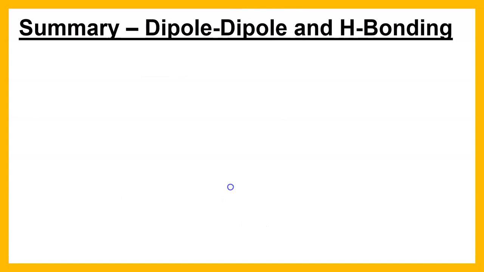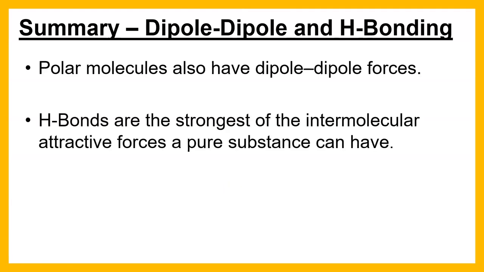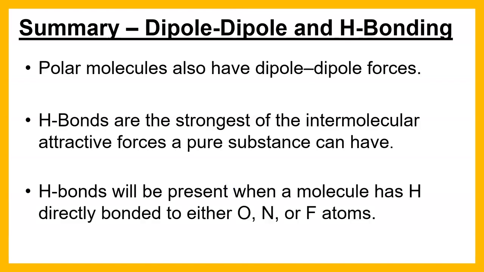Dipole-dipole and hydrogen bonding have to do with polar molecules. They have that permanent dipole. Hydrogen bonds are very strong, and that's when we have that H-NOF lone pair. I remember that silly little phrase.